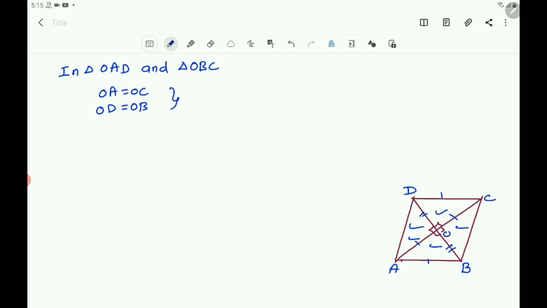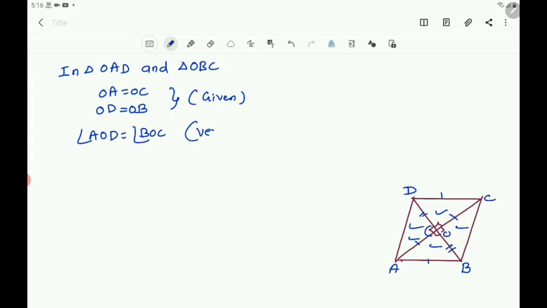Reason? Same reason, that is given here. Diagonals bisect each other at right angles. OD equals OB, reason, that is given. Then also you write angle AOD equals angle BOC. Reason?